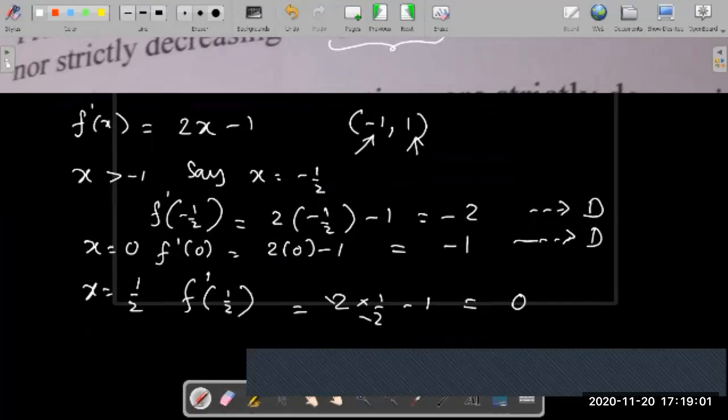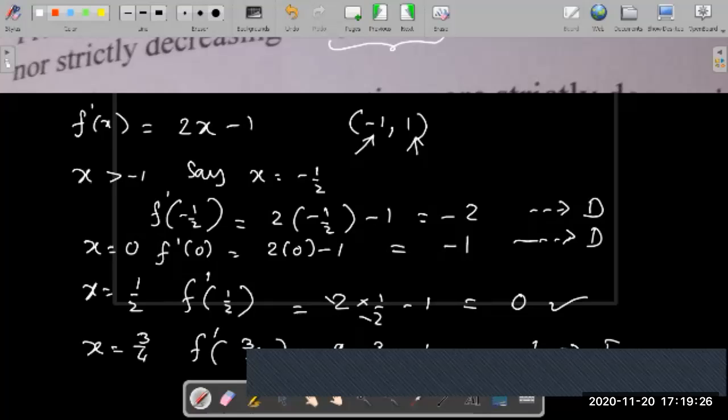As we said, it is decreasing, and then we have 0, and let's see one more value, x equal to 3 by 4. Then f dash 3 by 4 will be 2 into 3 by 4 minus 1, so this will be half.